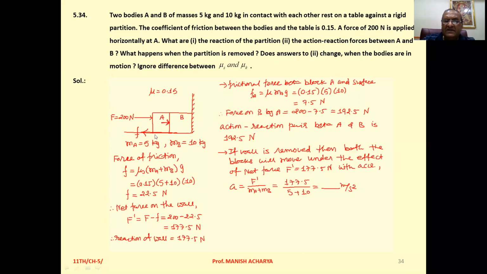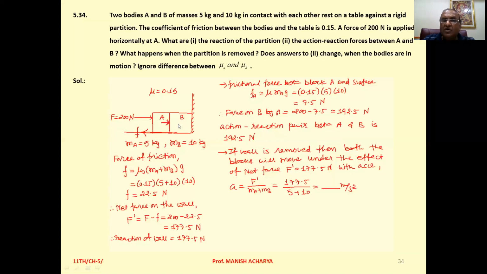Now friction is 22.5, external applied force is 200 Newton, both are in mutually opposite direction. So net force on the wall will be F minus small f, that is 200 minus 22.5, that is 177.5 Newton. Clear?